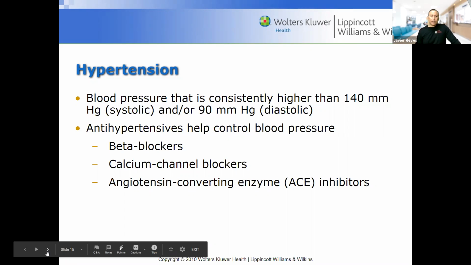These medications end with LIL. Instead of LOL, it's LIL. Okay, we have lisinopril, the most common one. Lisinopril, enalapril. Anything that ends with LIL is considered an angiotensin converting enzyme inhibitor. So your adrenal glands release angiotensin, and it causes your arteries to constrict. So you don't want that.